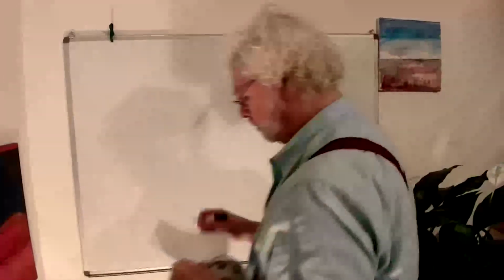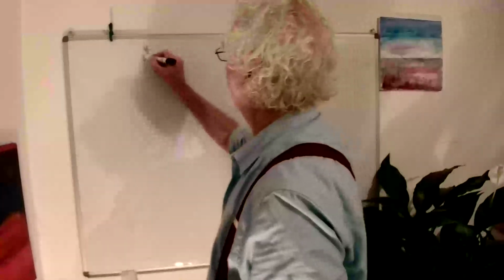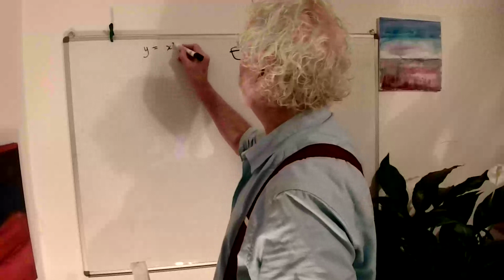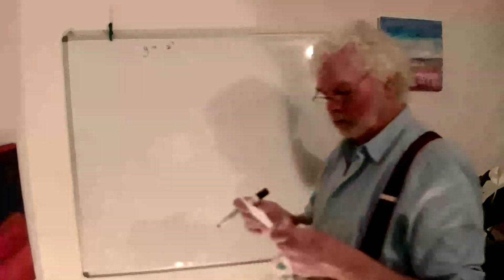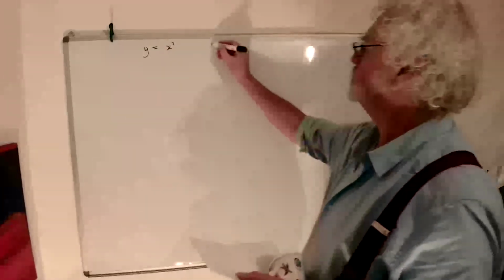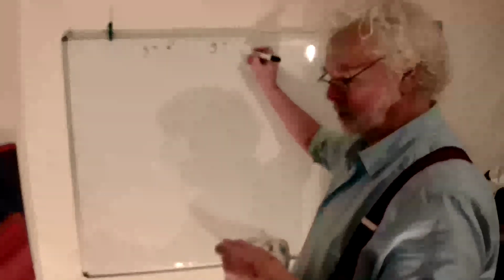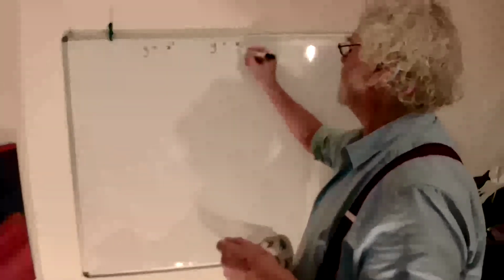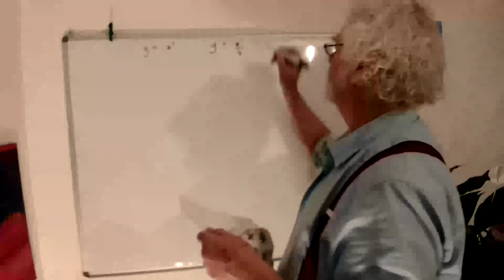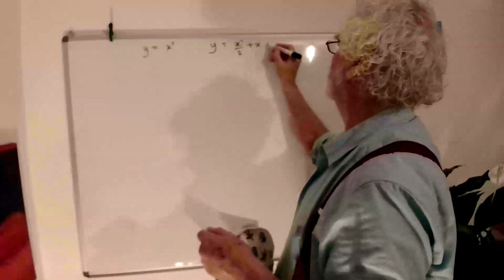But what I'm going to do here now is plot a couple of examples. One is y equals x squared, and the other one I've prepared earlier is y equals x squared divided by 2 plus x plus 1.